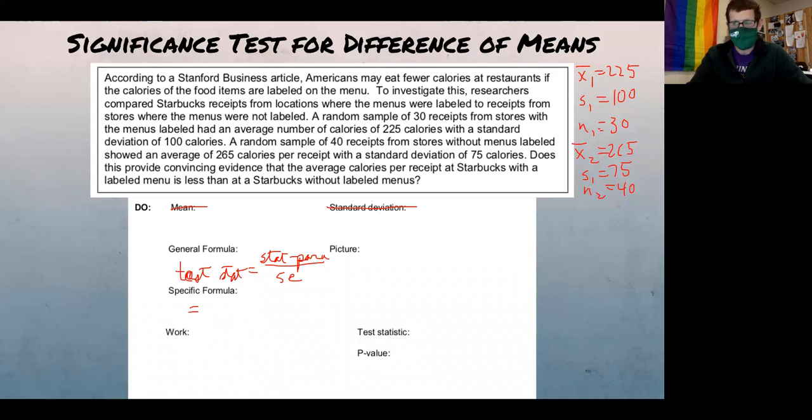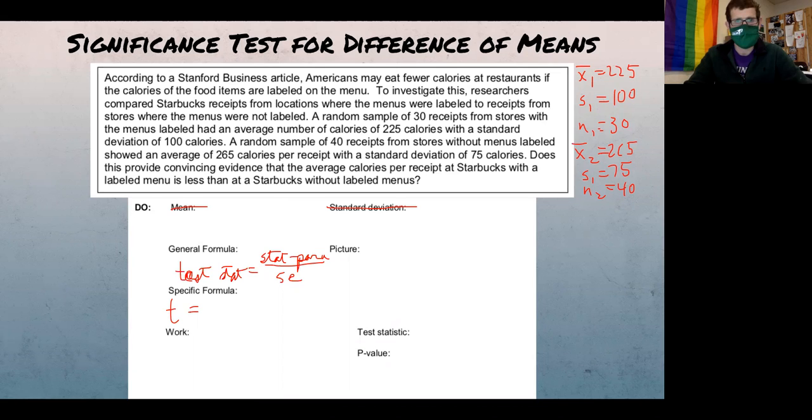what do you think we're going to have here? I'm going to let you guys kind of anticipate this. So what letter am I going to use for my test statistic? Close, just T. T star would be the critical value for confidence intervals, but you are right, it is going to be a T statistic.